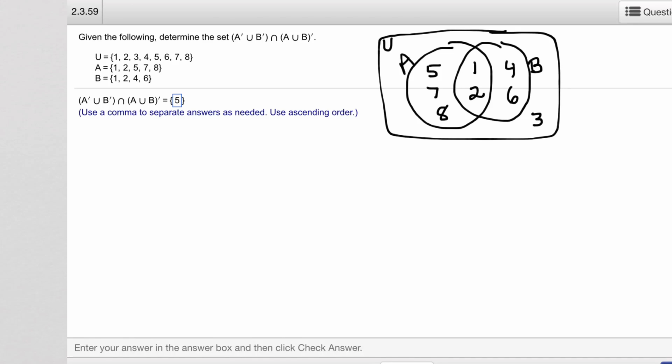Now, a lot of times people will say, well, 3 is in the universal set, but obviously the universal set has 8 elements, so everything is in the universal set. But people like to call this outer area of the Venn diagram the universal set, which is really not correct. I'd rather you didn't say it, but if you've got to do it, you've got to do it.